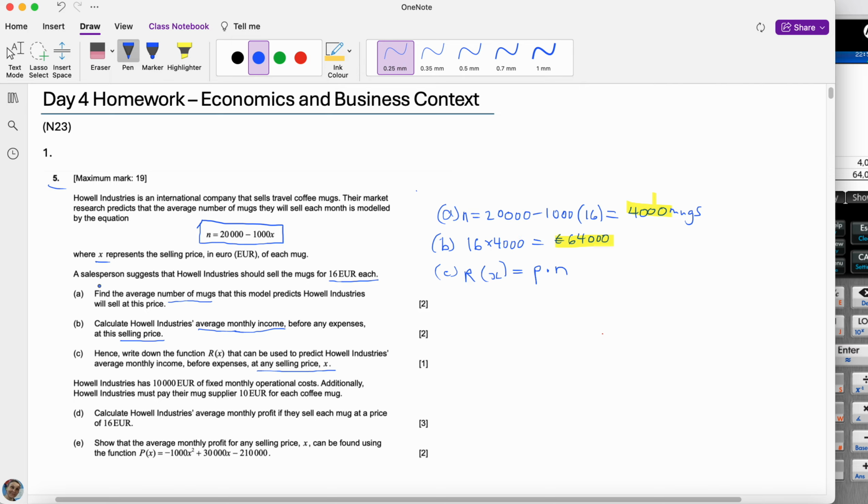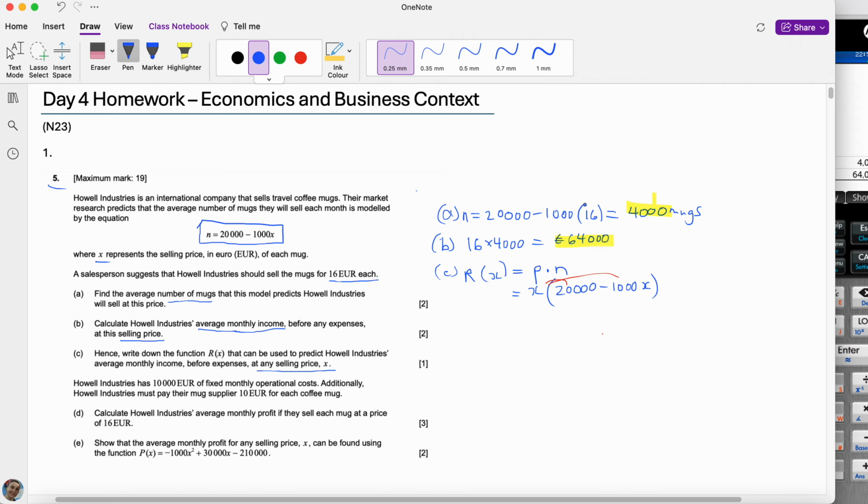Remember, these questions are like a story. They had you find the N and then find R, and now they're getting you to generalize it. They want it at any selling price, so not 16 anymore, that'll be X. And then we have the N expression, so this is going to be 20,000 minus 1,000 X. I am going to simplify.